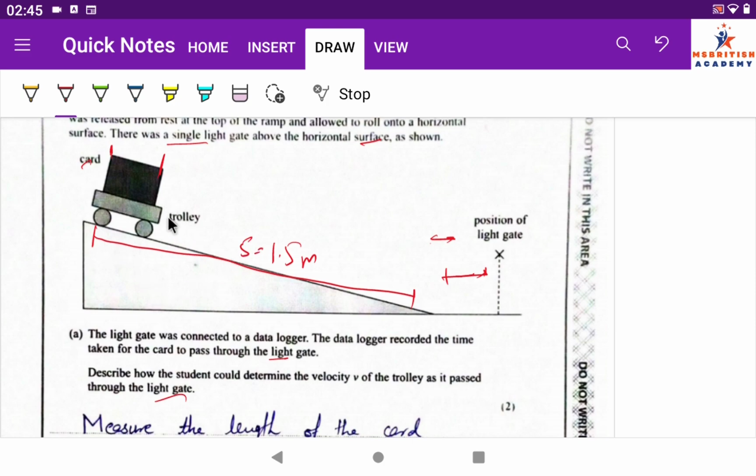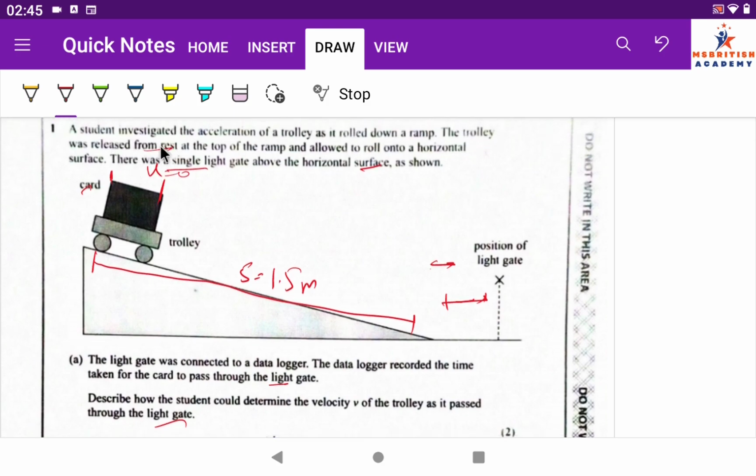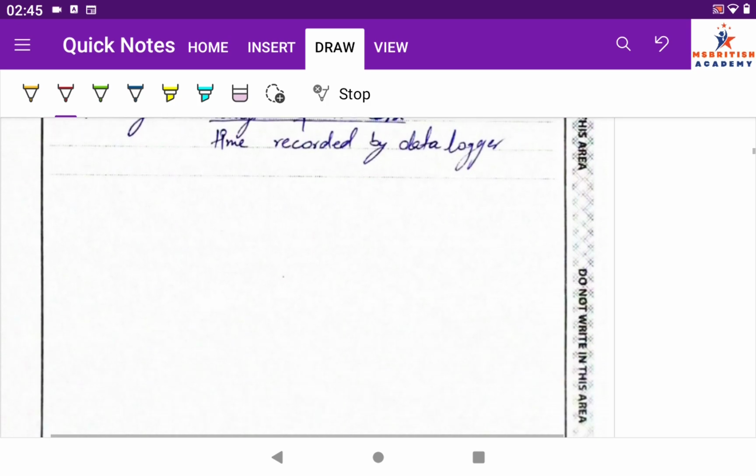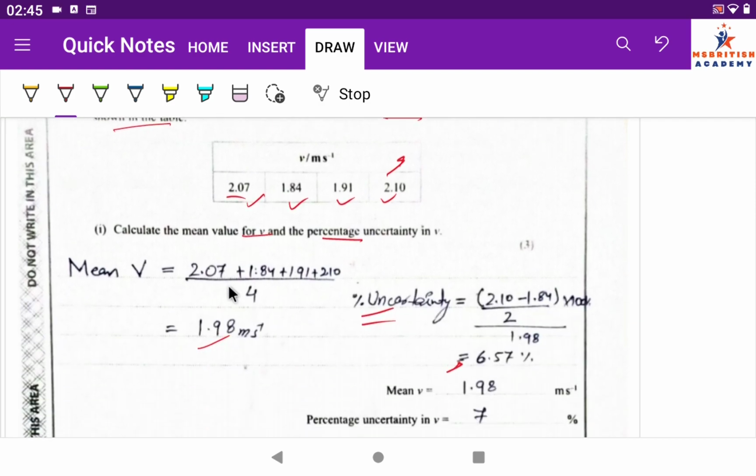The initial velocity was 0 because it was released from rest. We have to find the acceleration, and the velocity, as we found the mean value, is 1.98 meter per second.